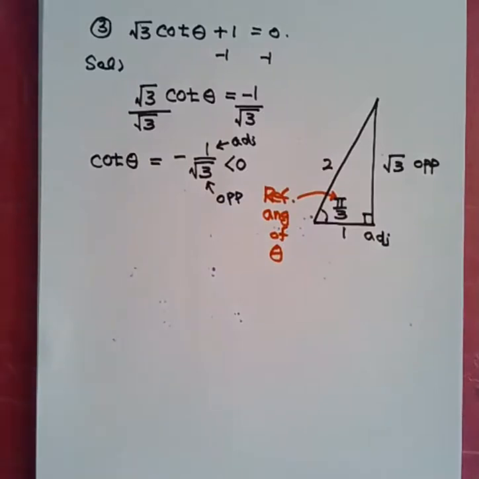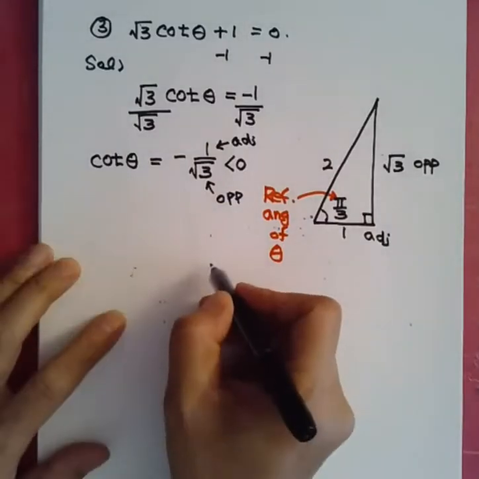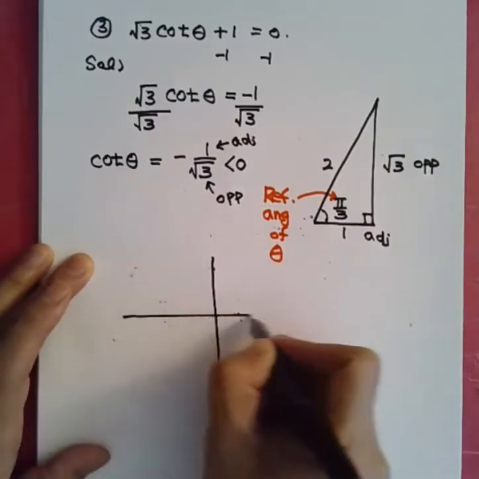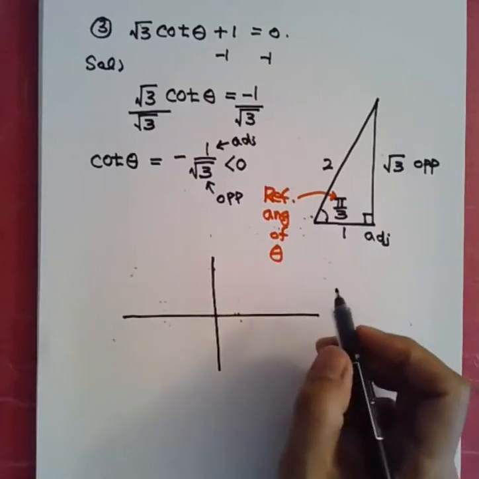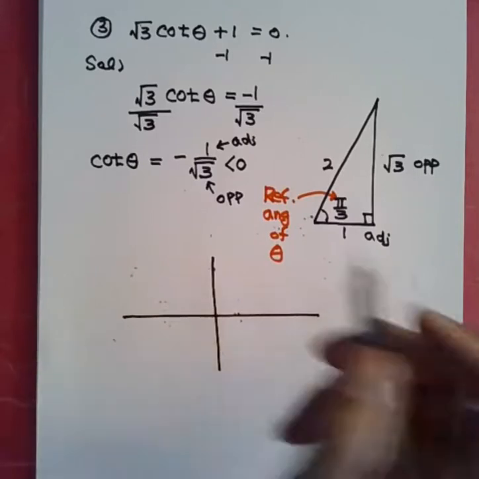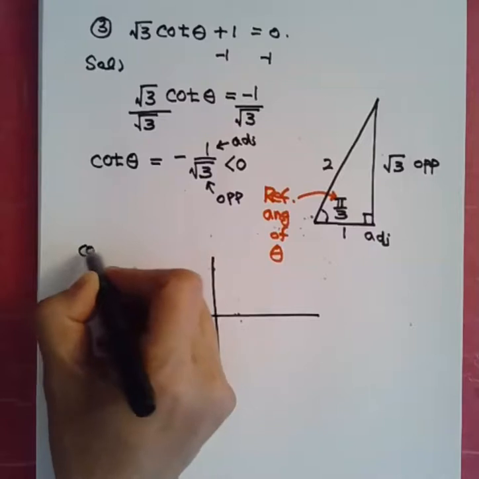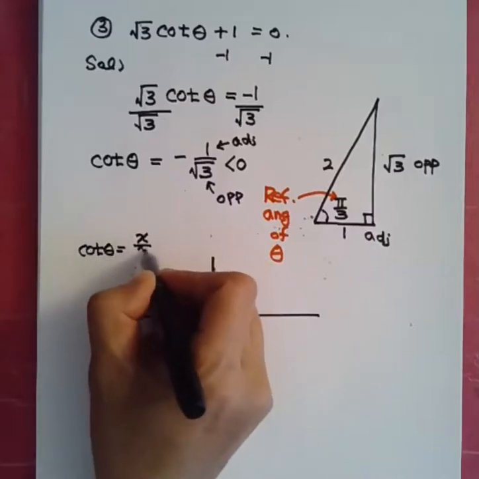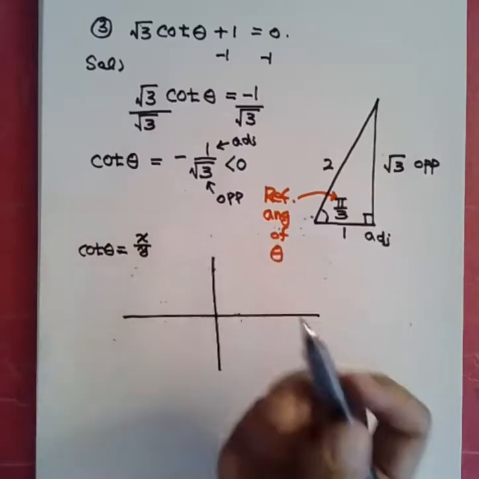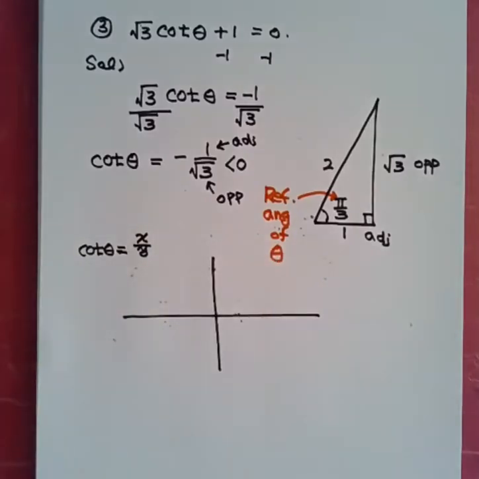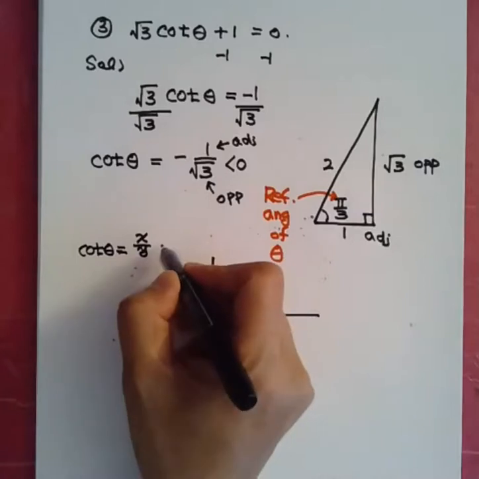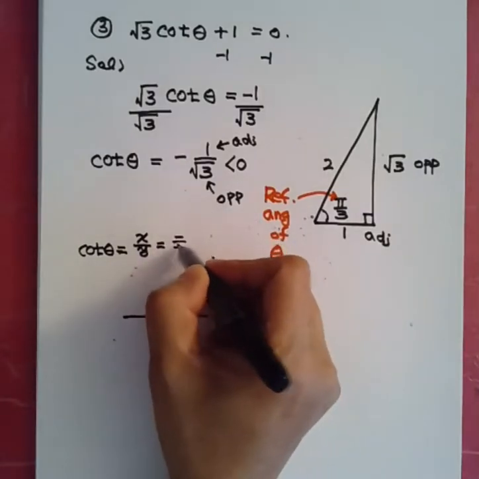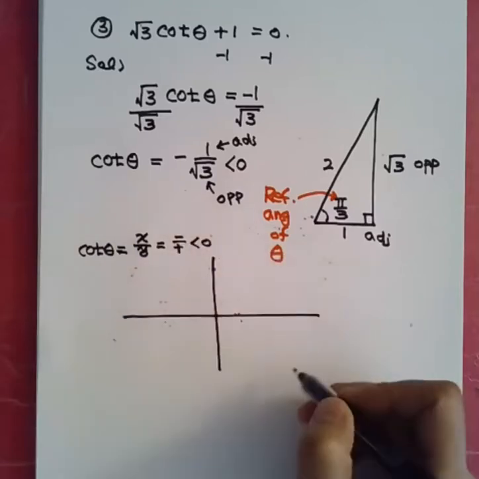Let's locate the angle on the quadrant to identify the solution between 0 and 2 pi. Cotangent is defined as x over y in the coordinate form of the definition. So in the second quadrant, x is minus, y is plus, so that is less than 0.